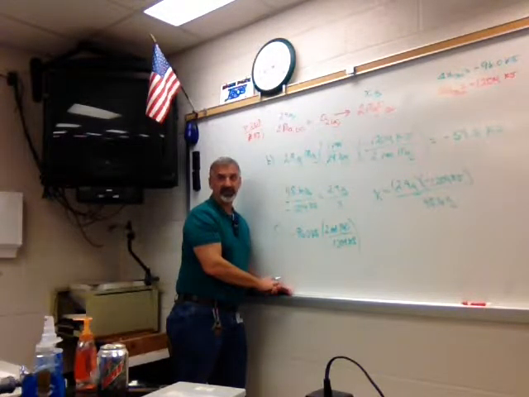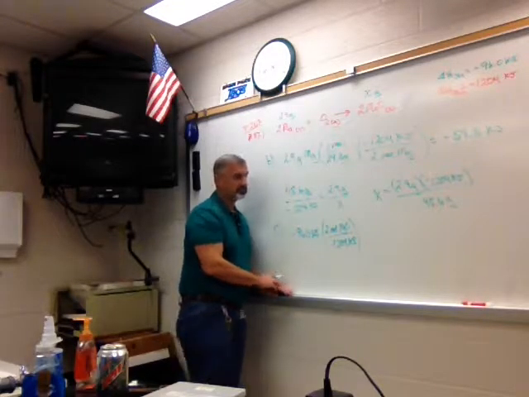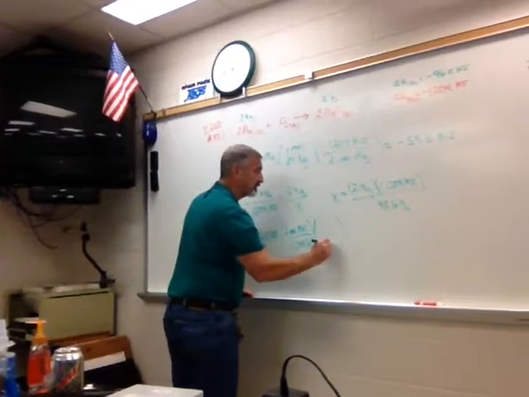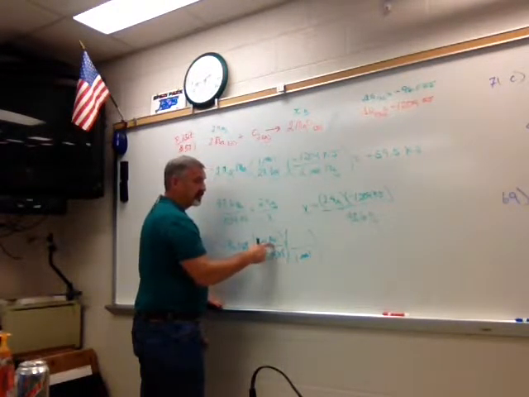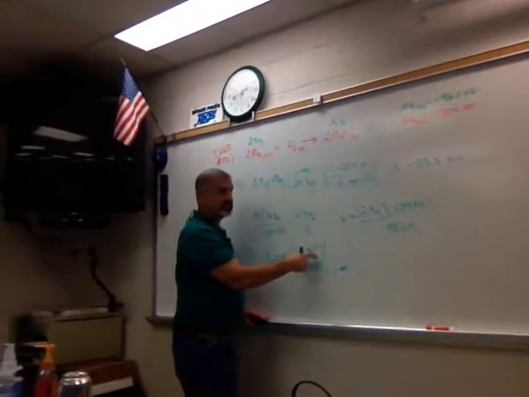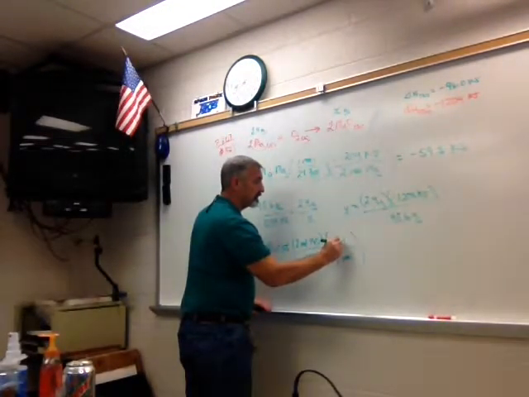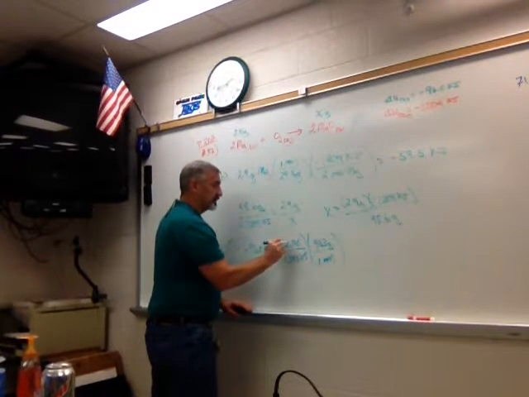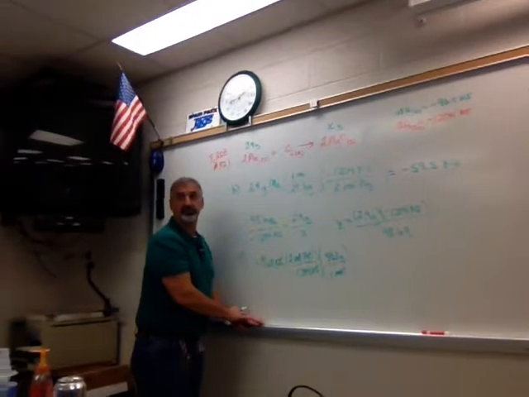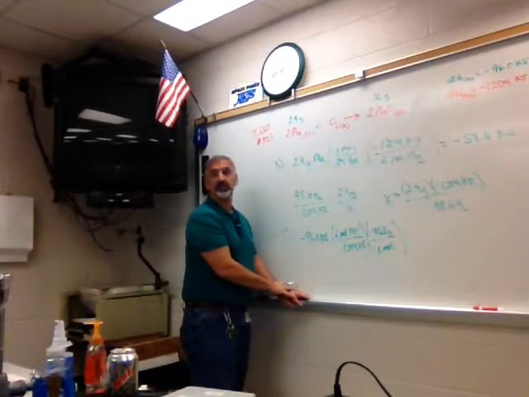Use the molar mass. Am I multiplying? Am I dividing? You want 1 mole on the bottom. What's on top? Molar mass of this is 24.3 plus 16, which is 40.3 grams over 1 mole. So now I have grams of MgO, which is what I want.